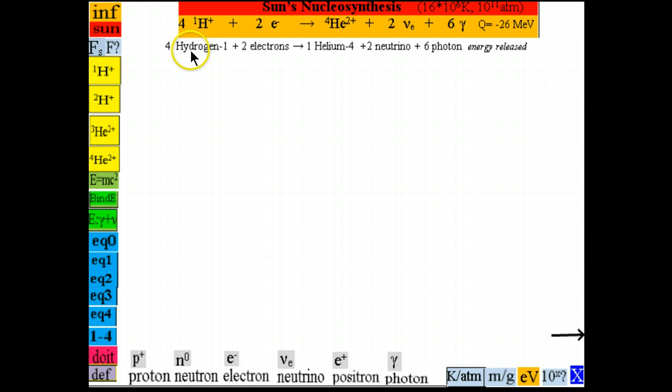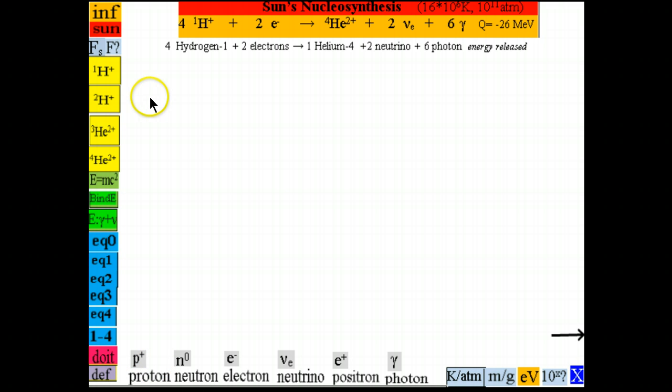What you need is 4 hydrogen 1 plus 2 electrons, and that gives you 1 helium-4 plus 2 neutrinos plus 6 photons, and it releases energy in the form of neutrinos and photons, which is Q equals minus 26 mega electron volt, MeV.